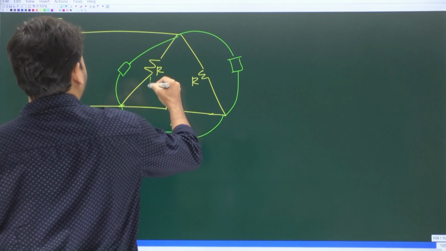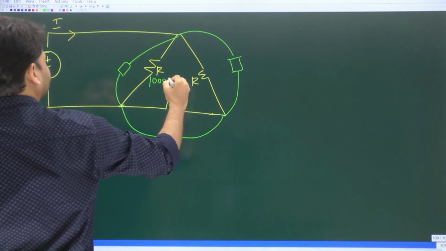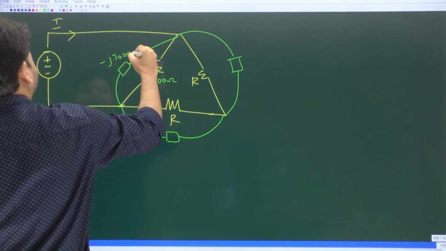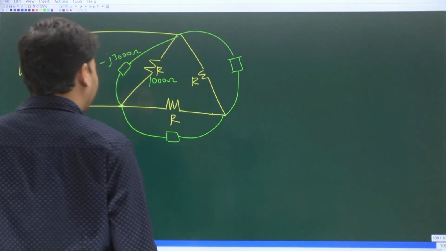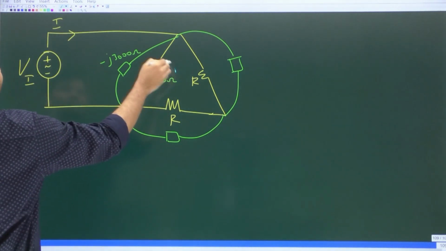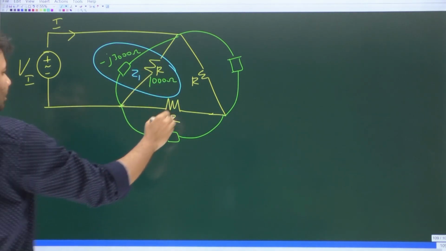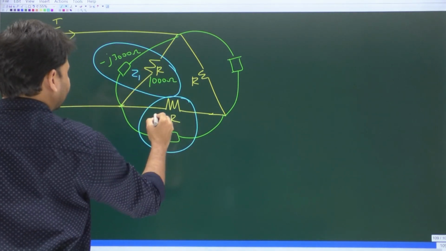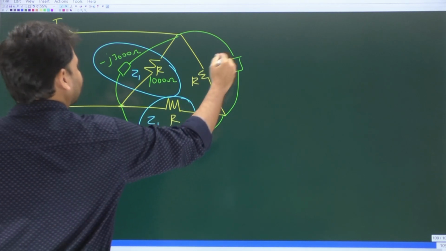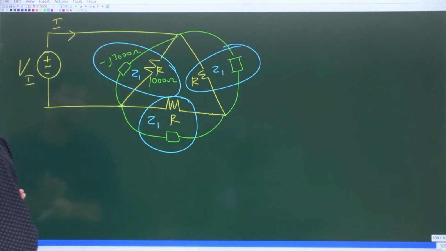So this is 1000 ohms, and this is minus j 3000 ohms. That's all. Now let's call this Z1. This is also Z1, and this is also Z1.